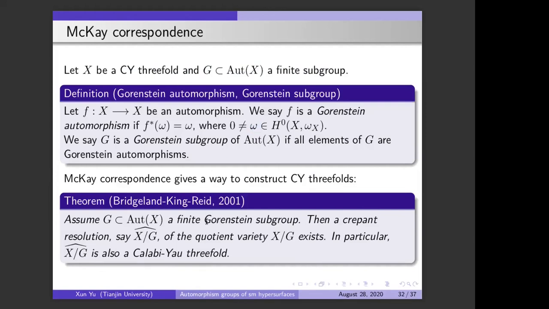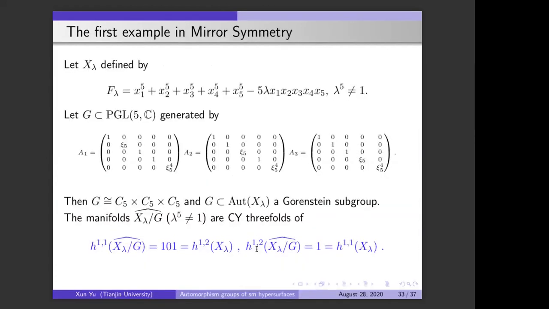Then you consider the quotient variety, and then you consider the crepant resolution, which always exists. And the crepant resolution is again a Calabi-Yau threefold. It could happen that some new Calabi-Yau threefold will appear in this way. And a very famous example in mirror symmetry is the diagonal action of C5.